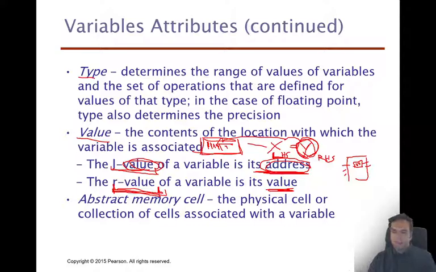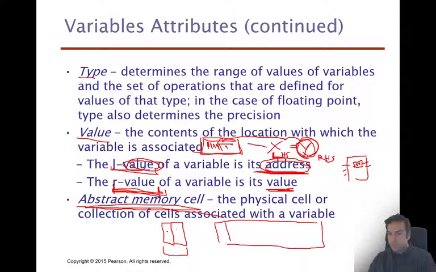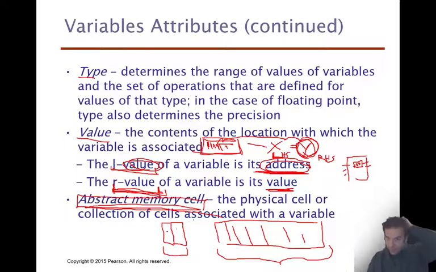And then again, when we say the word abstract memory cell for a variable, your word might be arranged into 32-bit bytes, but you might have a double precision number, in which case the abstract memory cell is the whole thing. You also might have a value type struct, which is as big as you want because it has all the different fields that you decided belong with it. This whole chunk we're going to consider an abstract memory cell associated with that variable of that type.